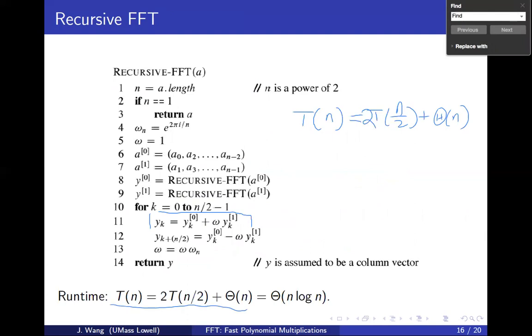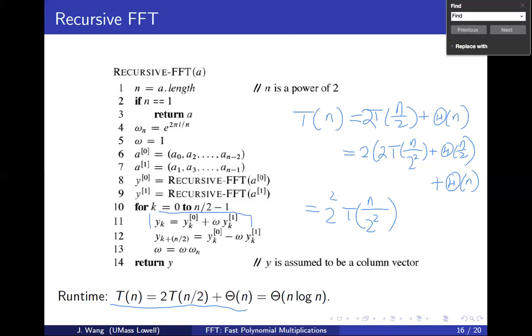All right, so you can just do a run here. So this is 2 times T of n over 2, plus theta of n. So what you are getting is 2 squared T of n over 2 squared.